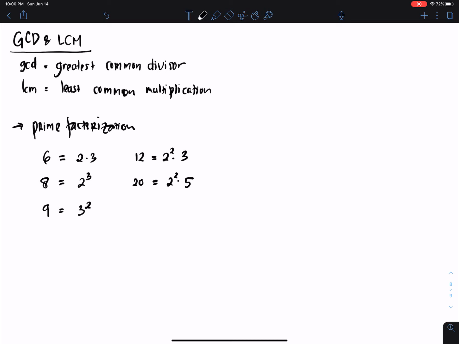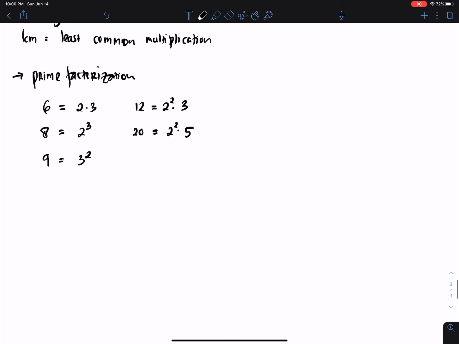So now, for example, we would like to determine the GCD and LCM of two composite numbers, or whatever numbers, whether whole numbers, natural numbers or positive integers.